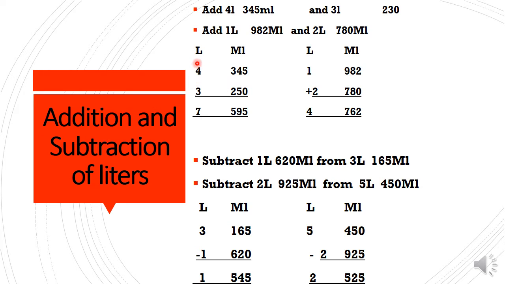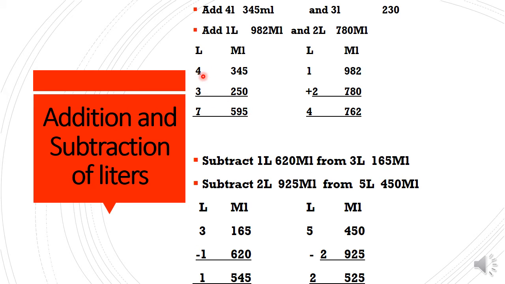We have 4 under liters and 345 under milliliters, 3 under liters for the next measurement, and 250 milliliters on the side under the milliliter. We roll and we add. 5 plus 0 gives us 5. 4 plus 5 gives us 9. 3 plus 2 gives us 5. So here we have 595 milliliters.